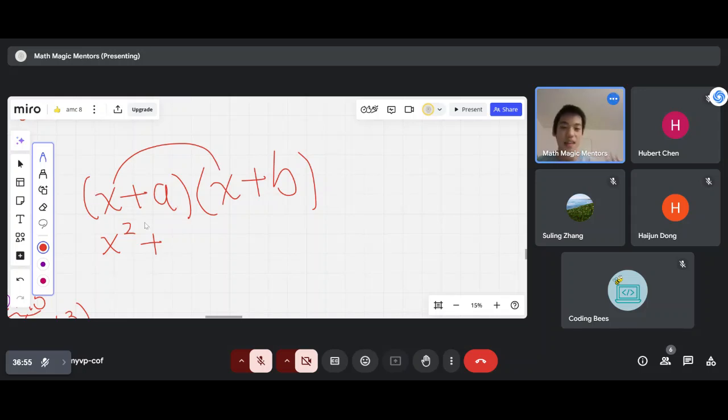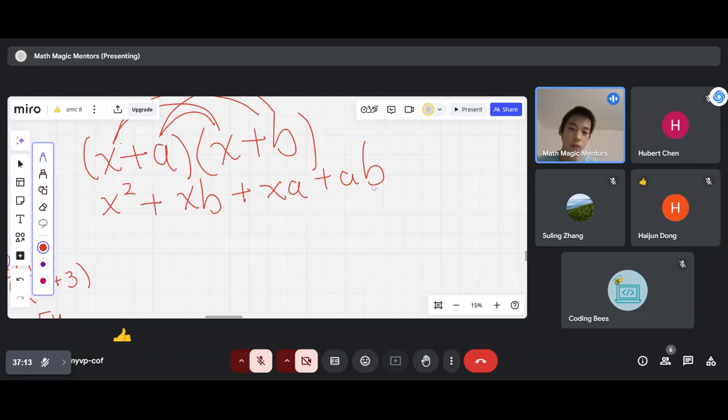So x times x is x squared. x times b is xb. a times x is ax, or just xa. And then a times b is ab. And then again, we can combine like terms.